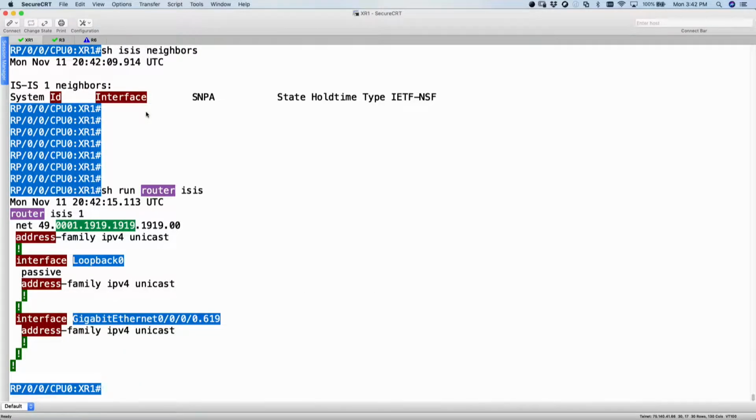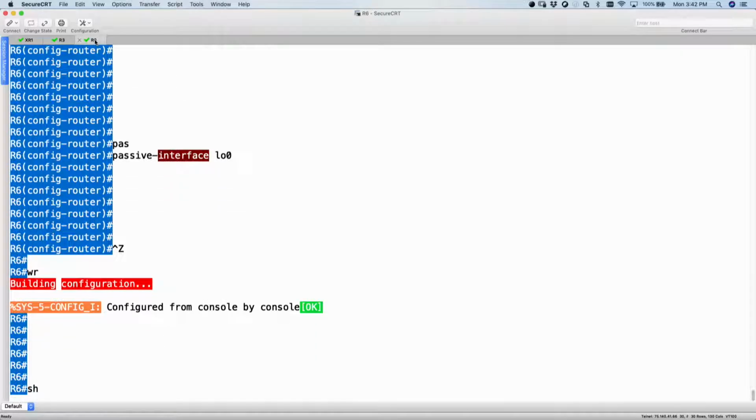So if I check my show router ISIS, I can see that I do have the net statement, I have a unique system ID, I have activated address family, and the loopback has the passive command, which means don't activate ISIS, but still advertise the loopback. And I have gig 0.0.0.619, which has address family IPv4 unicast activated. So I should establish an ISIS adjacency. Let's re-verify.